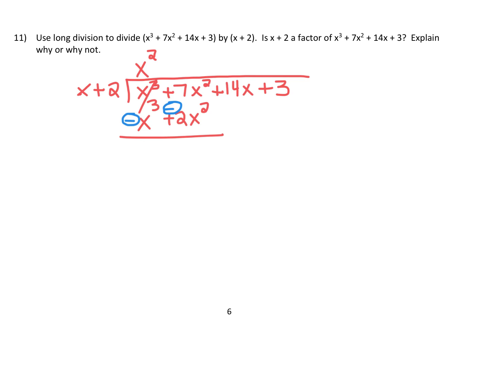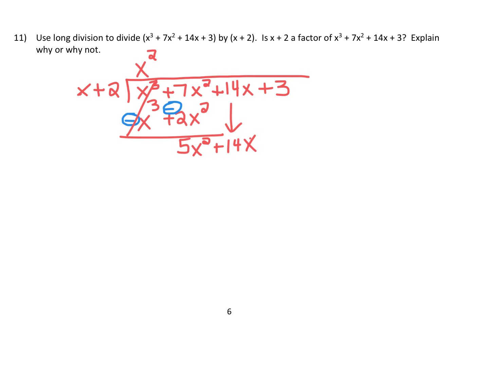Okay, so now our first two terms cancel off, and 7x squared minus 2x squared would be 5x squared. Okay, and let's bring down the next term. Since we have two terms out here, we want to have two terms down here, so that when we distribute, everything lines up.